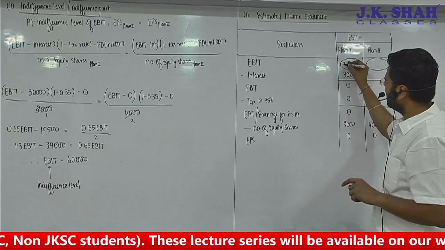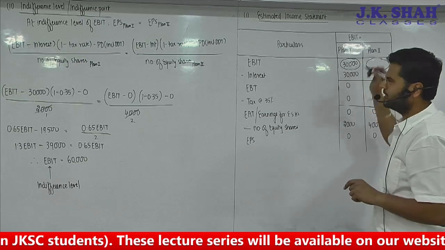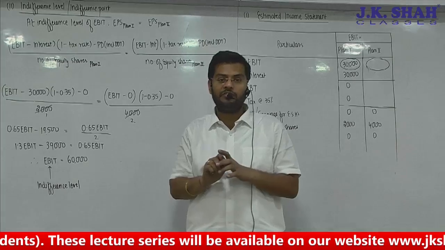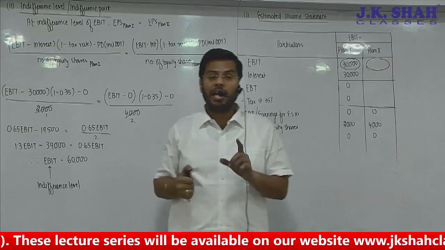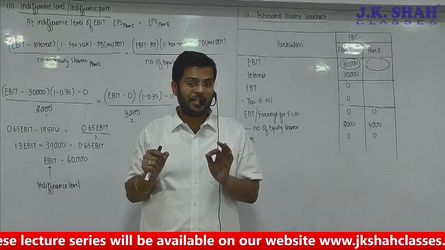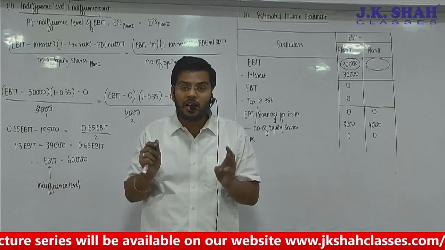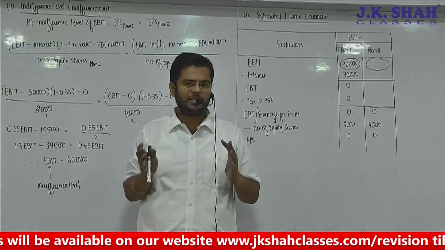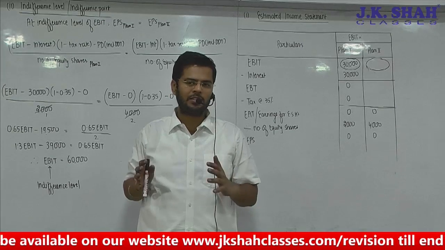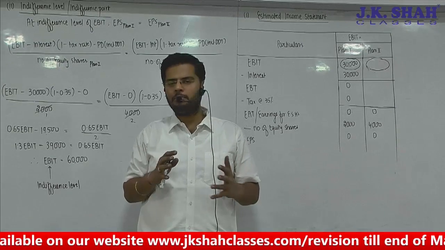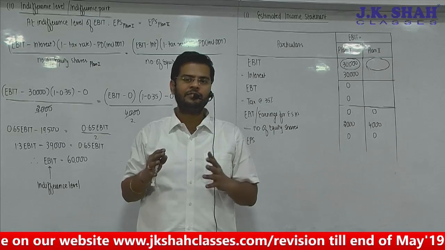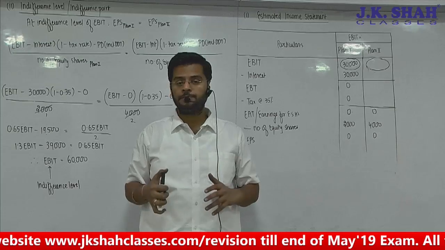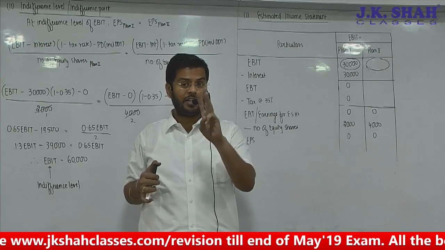That means if I select plan 1, then I have to ensure I earn at least 30,000 rupees from my main business activity. So if my business is manufacturing and selling biscuits, and from that biscuit business I have to earn enough so that my equity shareholders are at no gain, no loss, I should ensure that I earn 30,000 rupees.